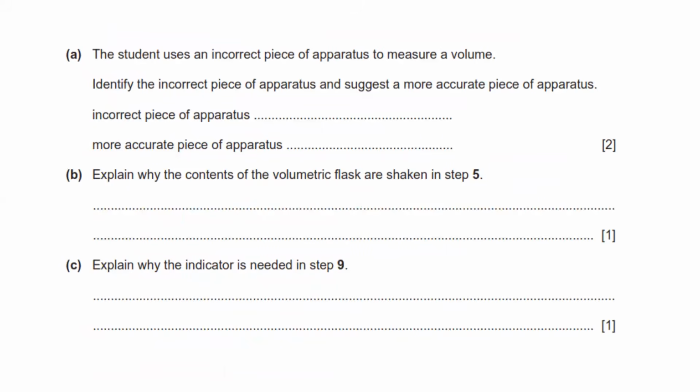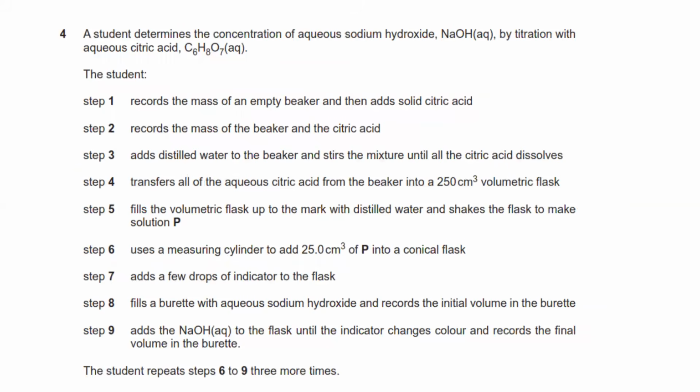So part A, the student uses incorrect piece of apparatus to measure the volume. Identify the incorrect piece of apparatus and suggest a more accurate piece of apparatus. So incorrect piece of apparatus is the measuring cylinder. Here, it uses a measuring cylinder to add 25.